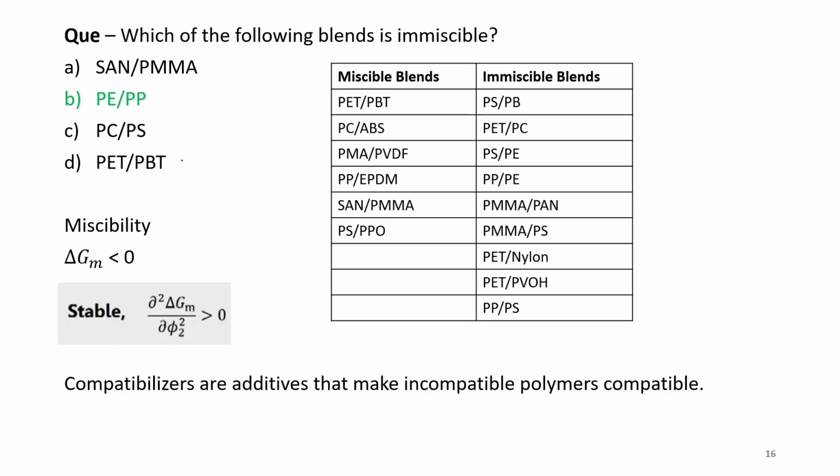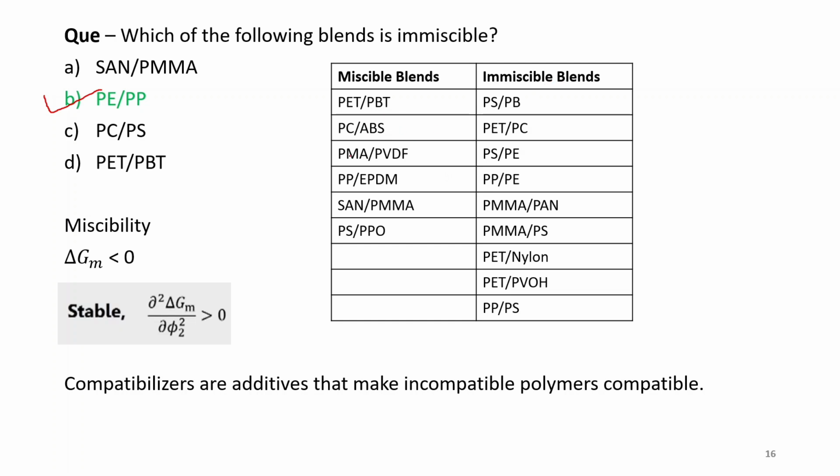So let's solve this question, which says that option B is immiscible, and the rest of the three are miscible. On the right hand side there is a table of the miscible blends and the immiscible blends.